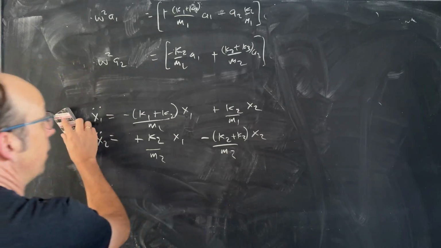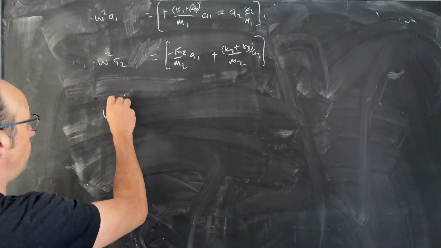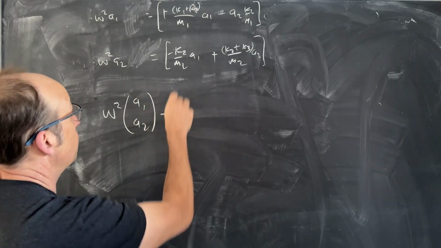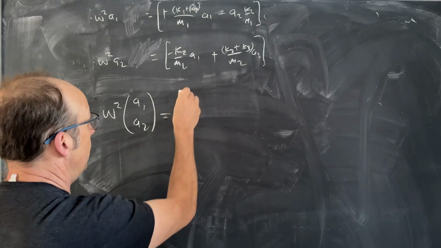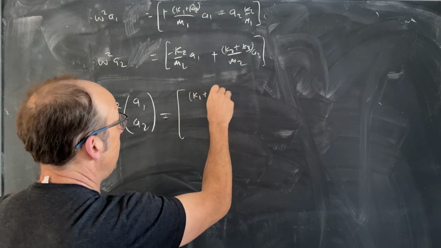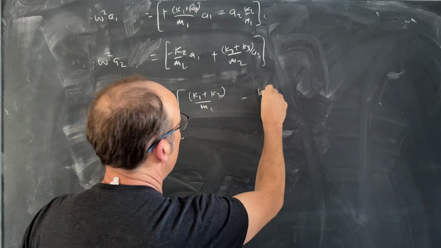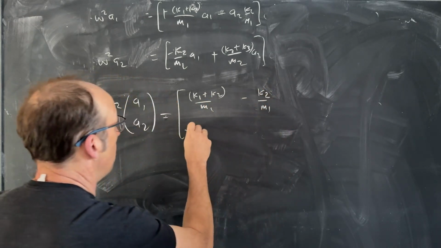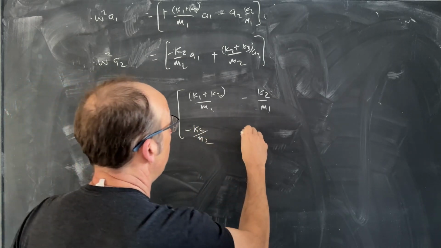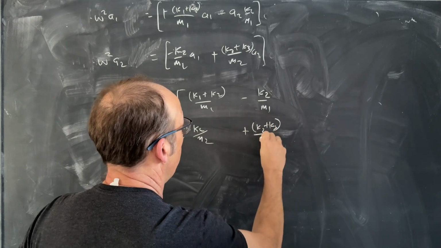So let's rewrite this as the following. Omega squared times the vector a1, a2 is equal to a matrix, and that matrix is going to be equal to k1 plus k2 over m1, minus k2 over m1, minus k2 over m2, k2 plus k3 over m2.